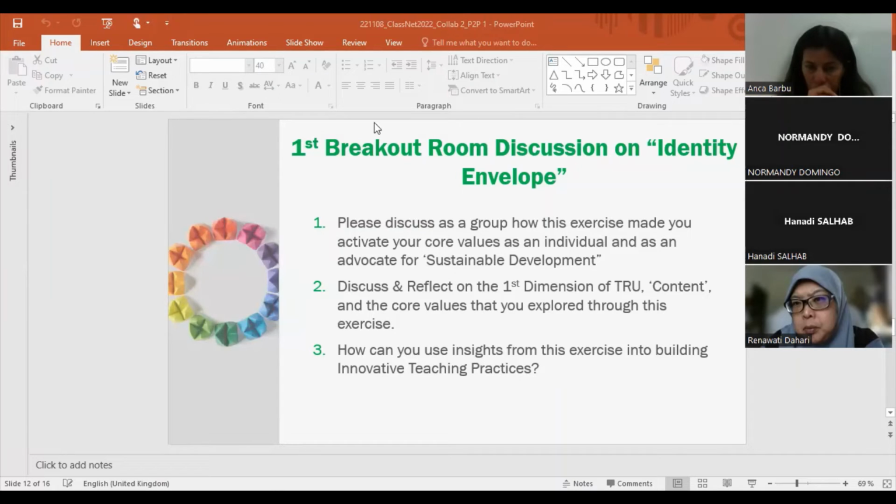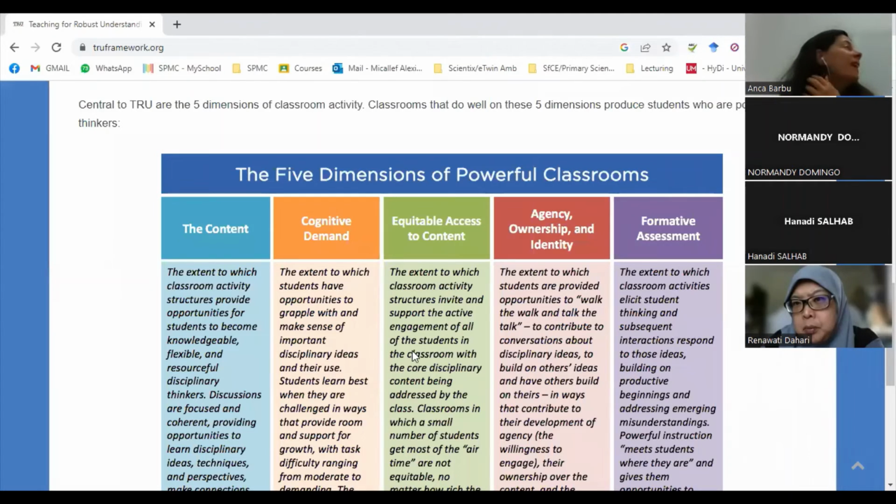So I'm going to share the TRUE framework instead. Are you seeing it? Because I don't know whether I'm sharing my entire screen or... Okay, there you go. Can you see the TRUE framework now?